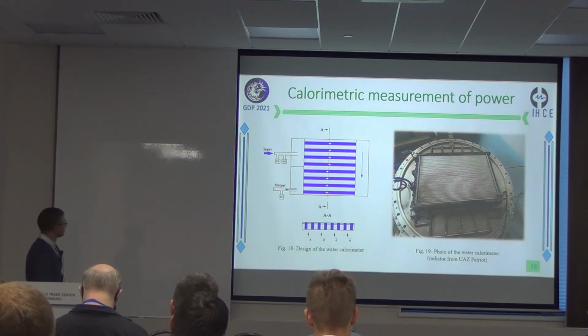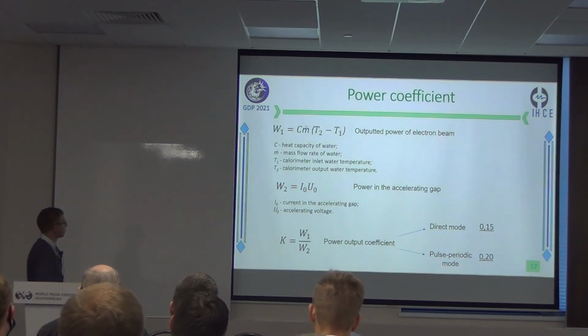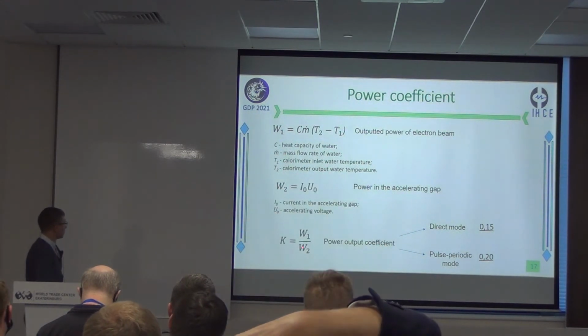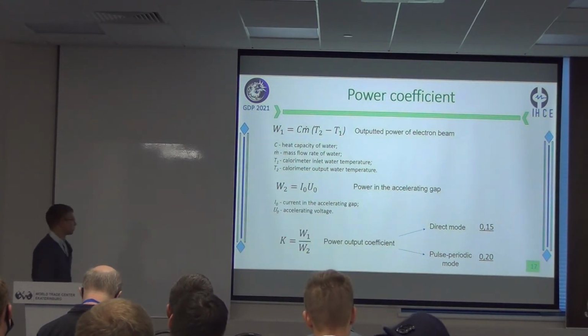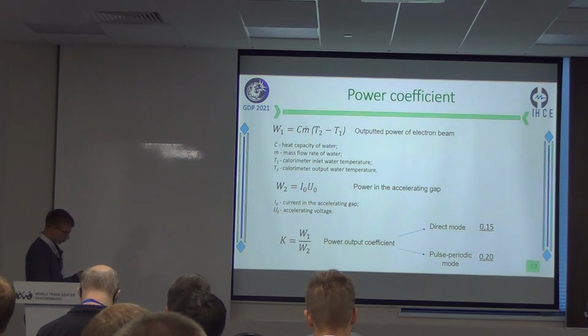We measured the temperature of water and quantified the outputted power of the electron beam. Then we calculated the power in the accelerating gap and quantified the power output coefficient, and we saw that in the pulse periodic mode the power output coefficient is more, by 5%.